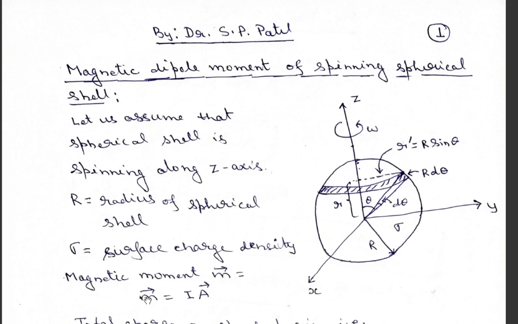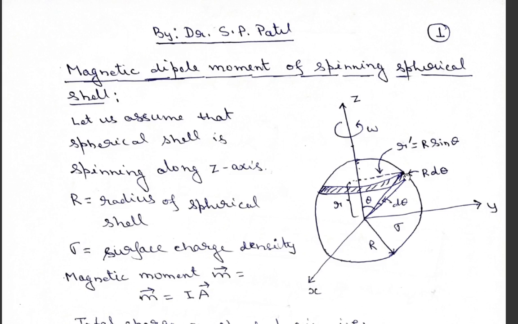We know that the magnetic dipole moment m is I into A. If there is current, it means there is a magnetic dipole moment. Okay. As we have learned earlier also, in order to solve such kind of problems, we can draw a small circular ring on the surface of the spherical shell, and if we are able to find the magnetic dipole moment due to a small circular ring, and if we integrate over the whole spherical shell, then we can find the magnetic dipole moment due to a spinning spherical shell.